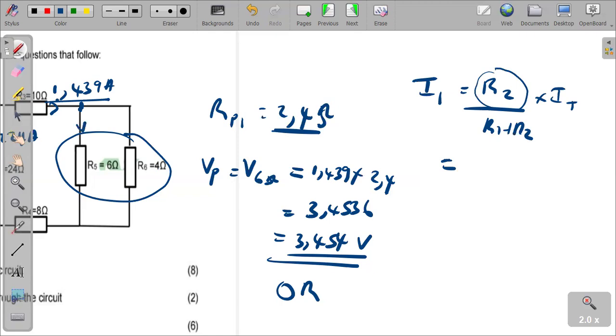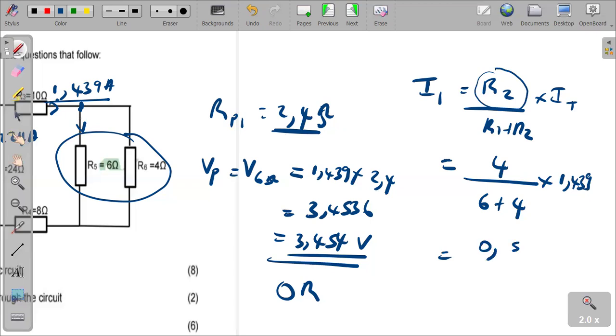So instead of taking the 6 ohm resistor, we take the 4 ohm resistor. That's what this R2 is referring to. Over 6 plus 4, multiplied by the total current 1.439. That's the current that is going to be divided between the 6 and the 4 ohm resistor. So by that, we get the current through the 6 ohm, which is 0.5756 amperes.